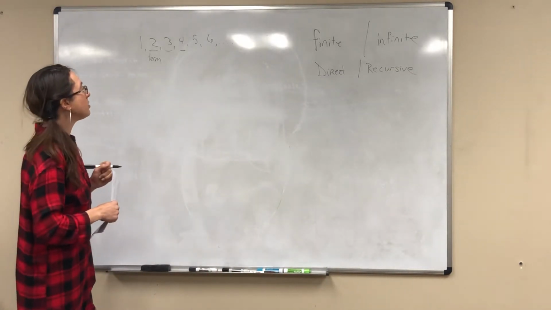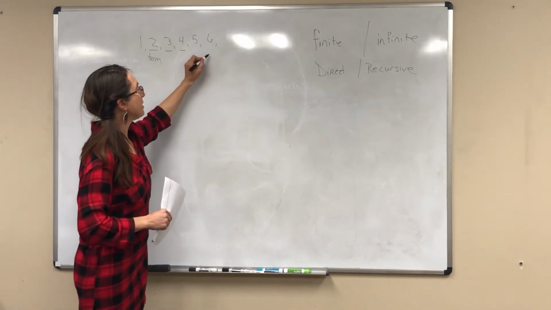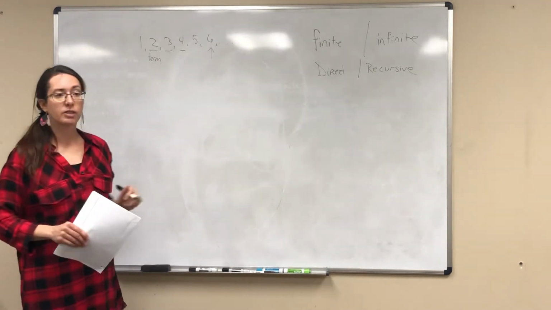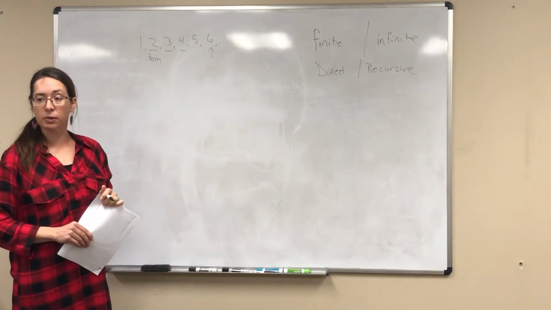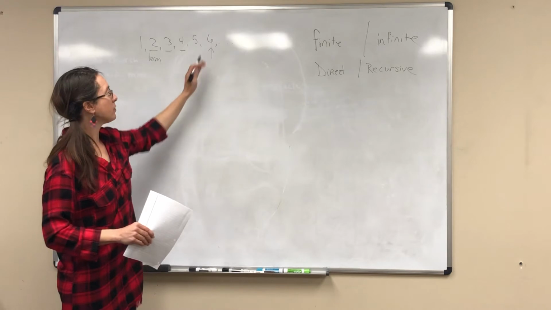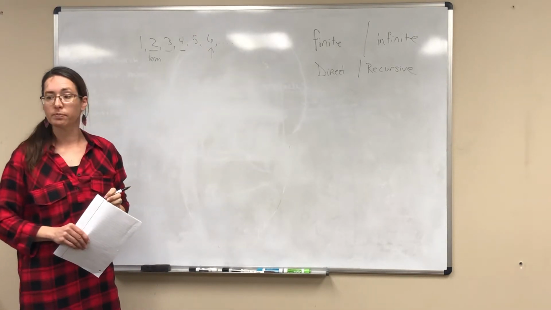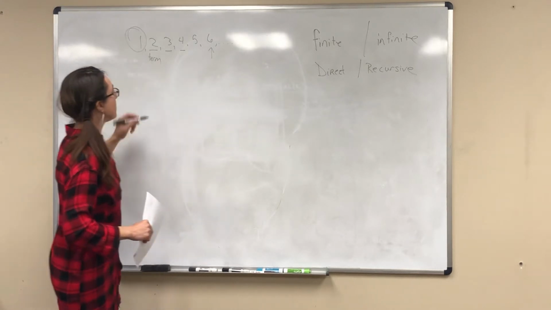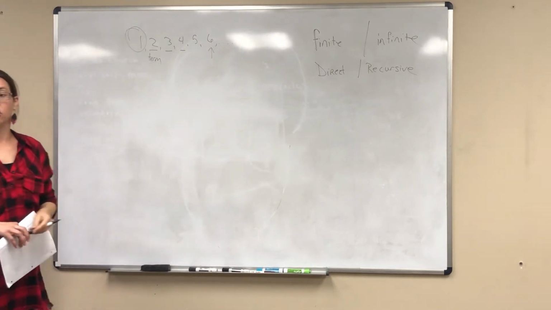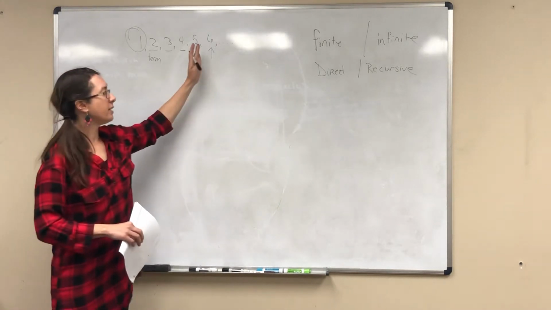A direct formula is one where we can find any direct term. So if I want to find the 6th term of this sequence, and I have a direct formula, I can plug in my information and I can find the 6th term. A direct formula is always based on knowing the very first term. Okay? But it helps you find a direct term.